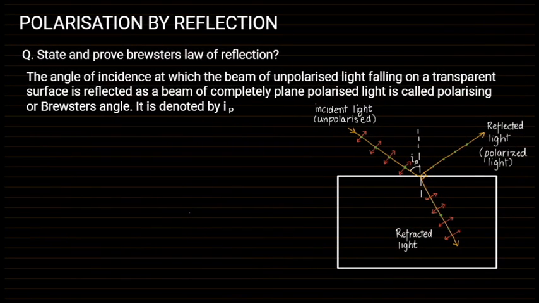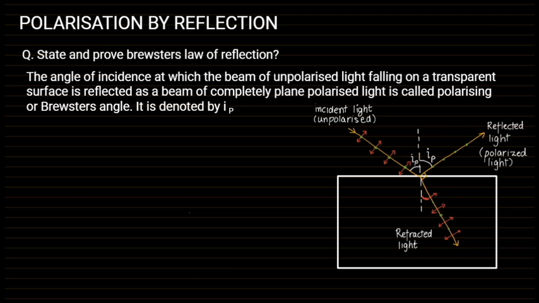So look at this figure. This is your incident ray and this angle is your incident angle. This is your reflected ray and this angle is your reflected angle. Now your incident angle and your reflected angle are the same. So instead of giving a separate notation, I will write the reflected angle also as IP. And this is your refracted light and this is your normal.